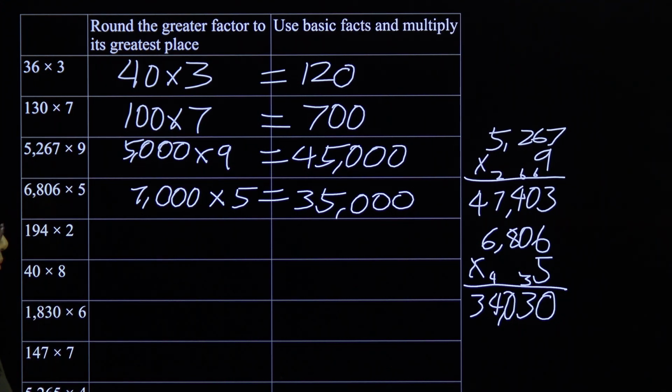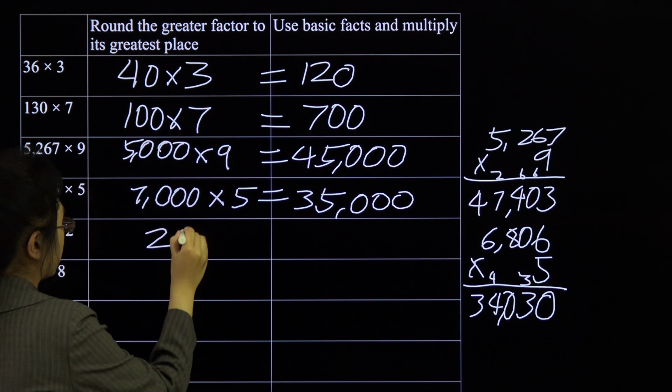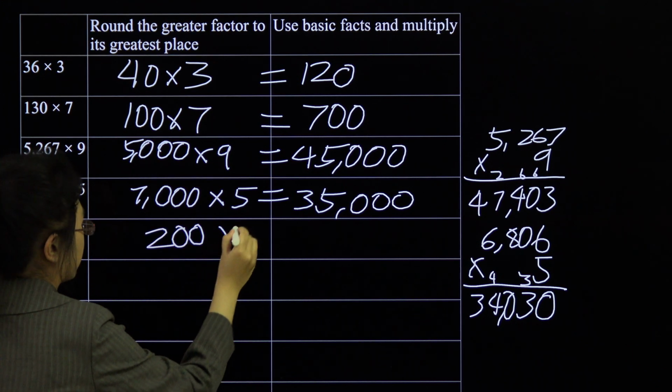194 times 2. Hey, it's 194. Pretty sure that's bigger than 2. So we're going to round the greater factor to its greatest place, which is the hundreds place. So we look to the tens place and we get a 9, which means that we round up. 200, and then you times 2.